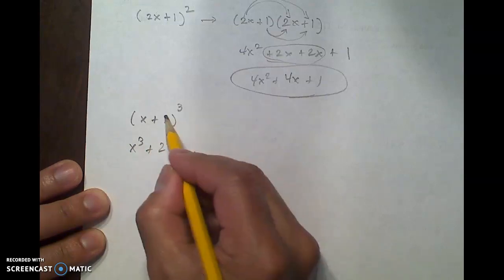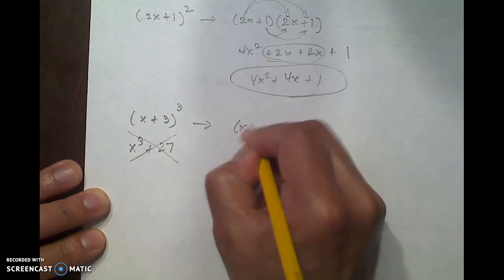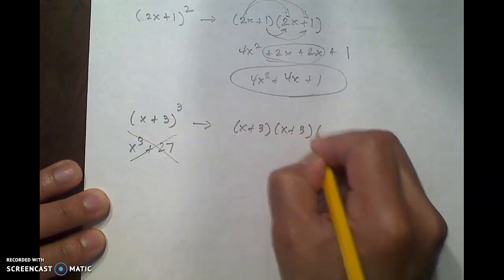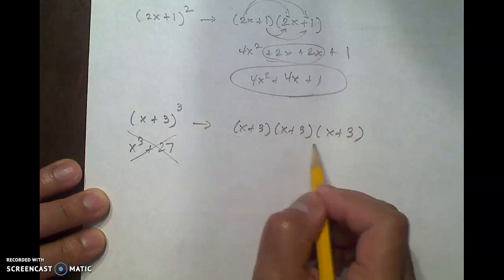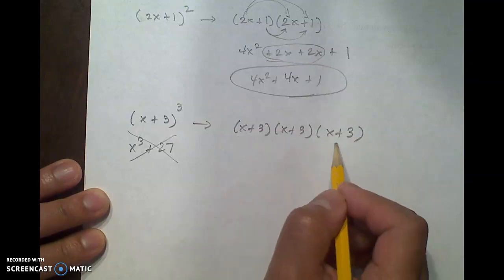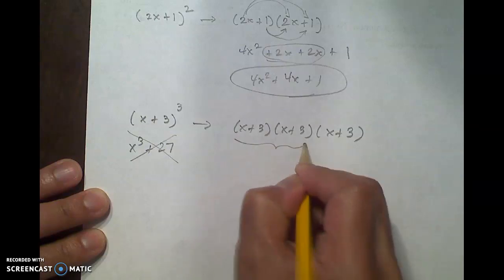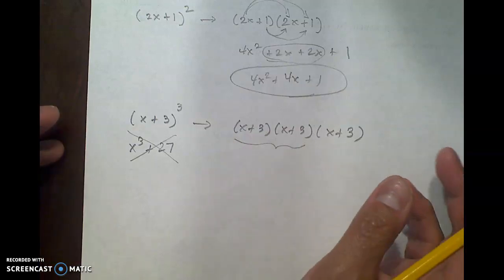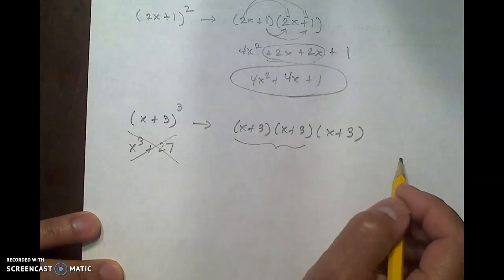When you cube something, that means you're multiplying that thing times itself 3 times. When you have a problem like this, you should just pick 2 at a time. I'm going to pick these 2 first and multiply them, and then when I get my answer, I'm going to multiply that answer by this remaining x plus 3.